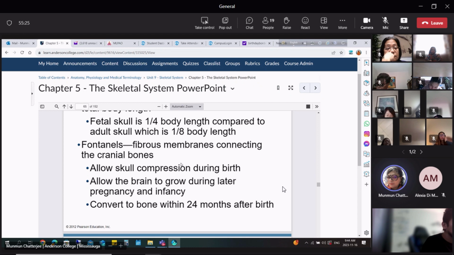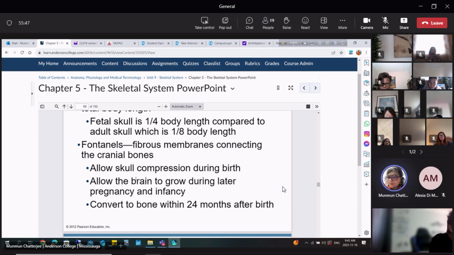The baby has to come out, and inside the womb the baby has to squeeze and take form. So instead of completely forming sutures, all the cranial bones, the bones of the skull, are connected with fibrous membrane.